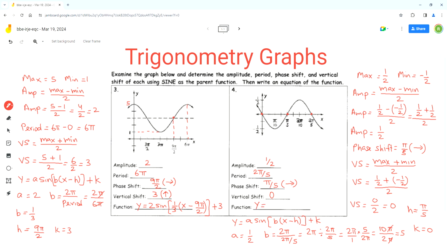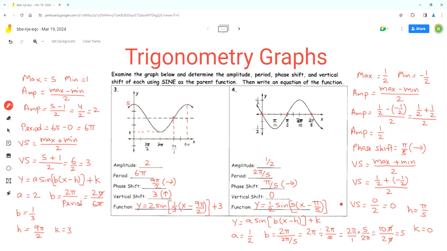We get y equals 1 over 2 sine, and then b value is 5 and then x minus pi over 5. So this can be the final answer for the equation of this transformed sine function. We do not have to write plus 0 at the end because that won't change the equation. The 0 will go away.